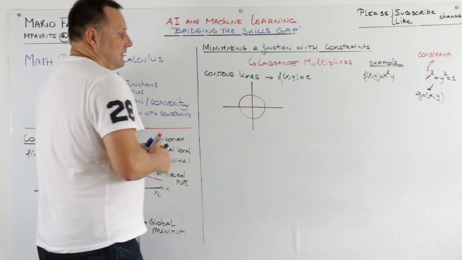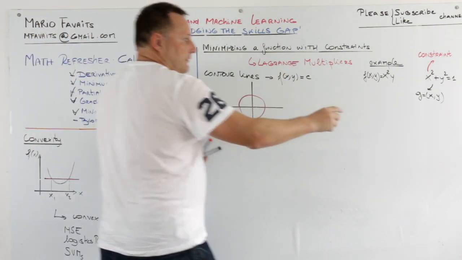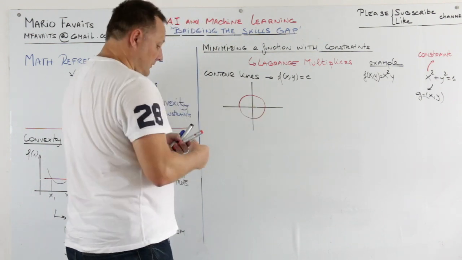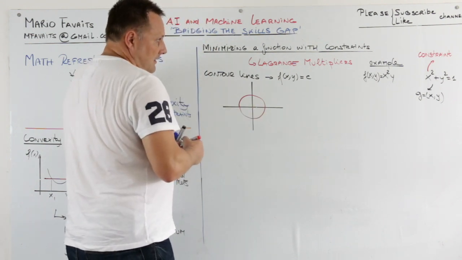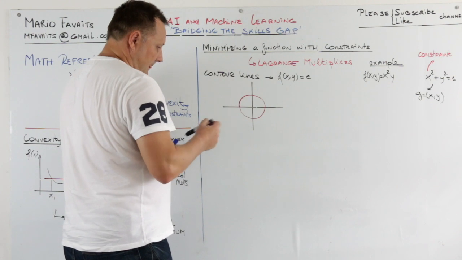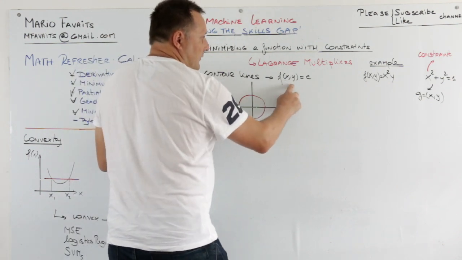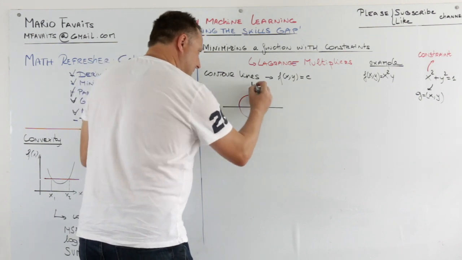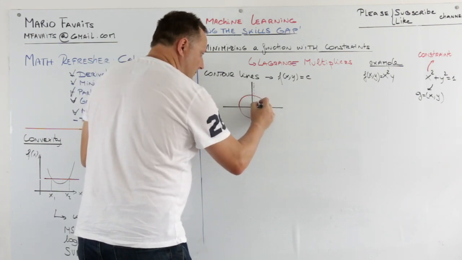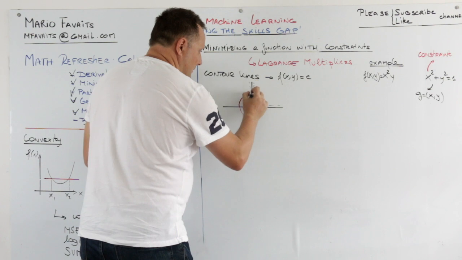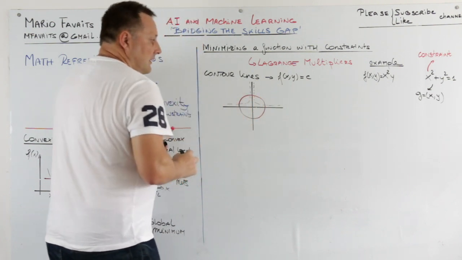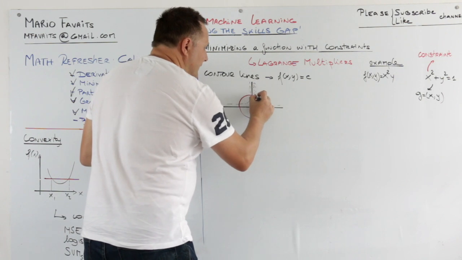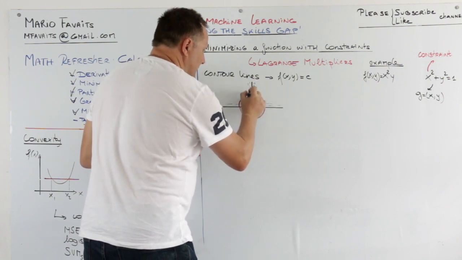But we took this circle with radius 1, and then where x squared y is a constant, these are lines like this. You start up and then you go down. This is for one c. And you have many of these lines. This is for another c.